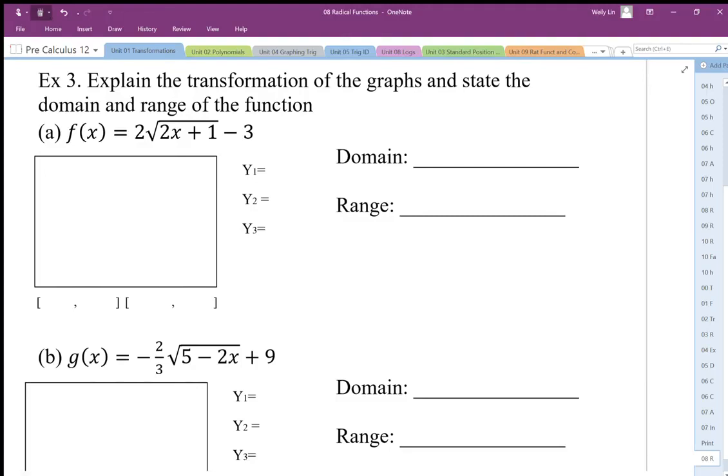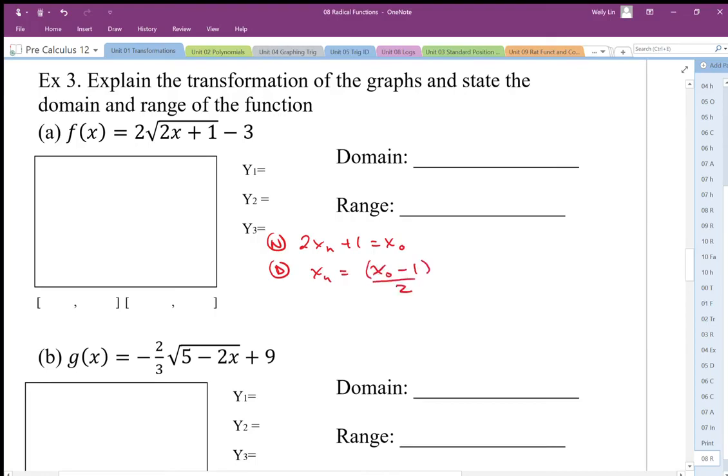Okay, looking at our domain, inside we have 2x plus 1. So this is our notation, and our transformation is going to be x minus 1 divided by 2.